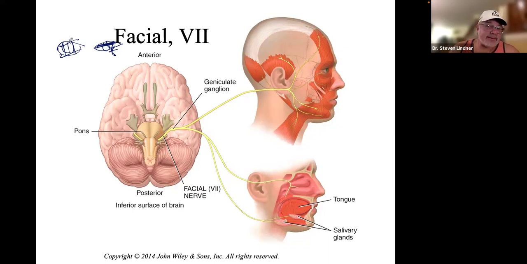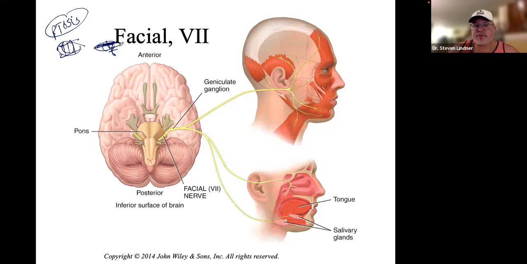If it can't and the eye droops, they call it ptosis. Ptosis is when there's cranial nerve 3 damage and you can't keep the eye open and it closes. Cranial nerve 7 closes the eye. It helps you blink.